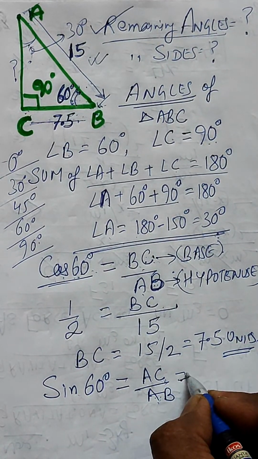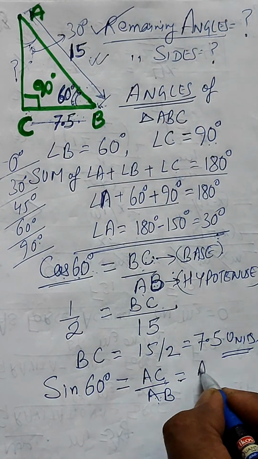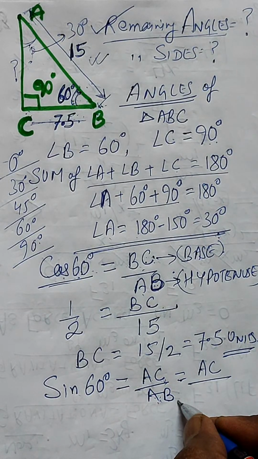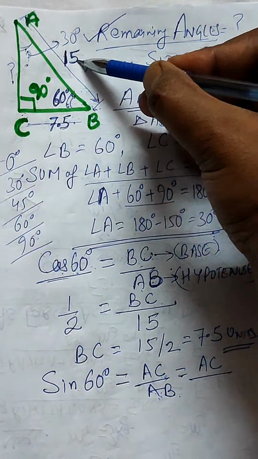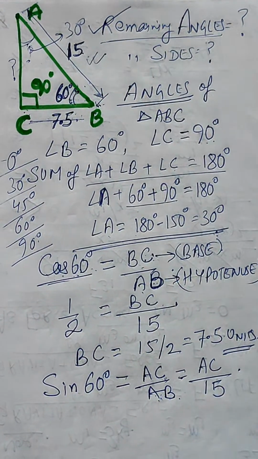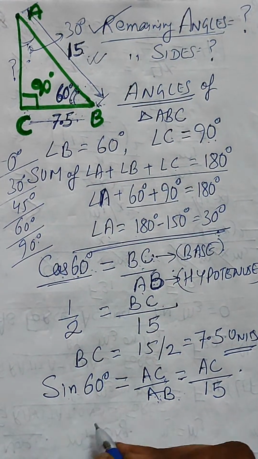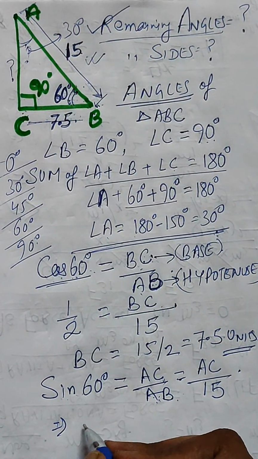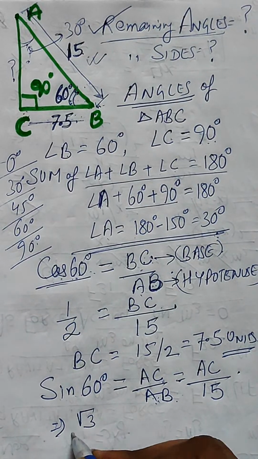So let us put in the values now. It will be AC by AB, and the value of AB is given to you as 15, you can see. So just put in the value of 15. In the next line, just put in the value of sin 60. Sin 60 is root 3 by 2.